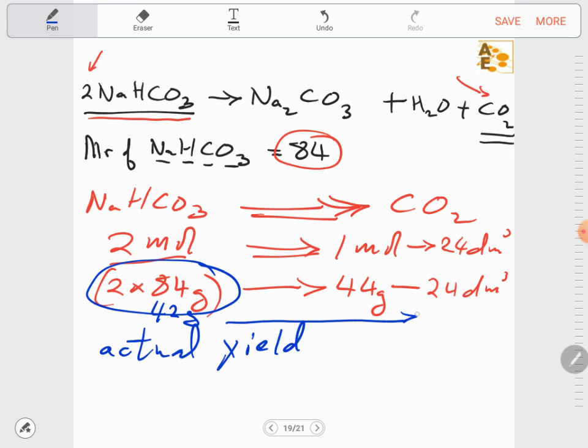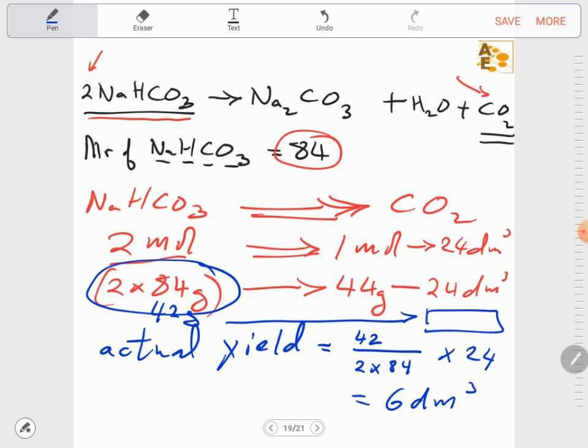In terms of that, it will give us the volume. So the actual yield will be 42 gram that they use out of 2 multiplied by 84, then you multiply by 24 cubic decimeter. That will give you 6 cubic decimeter.